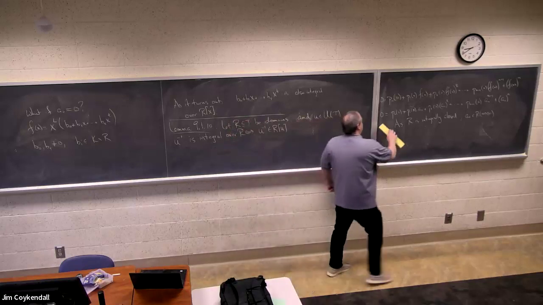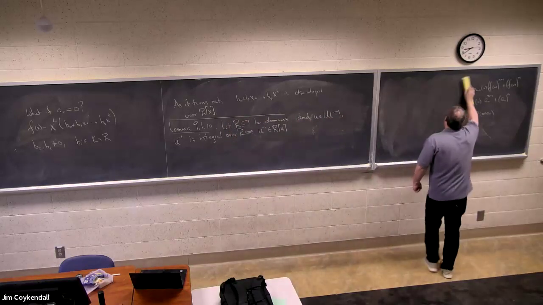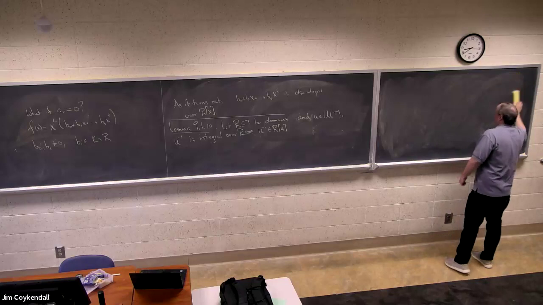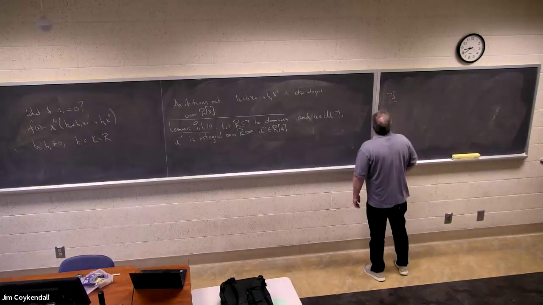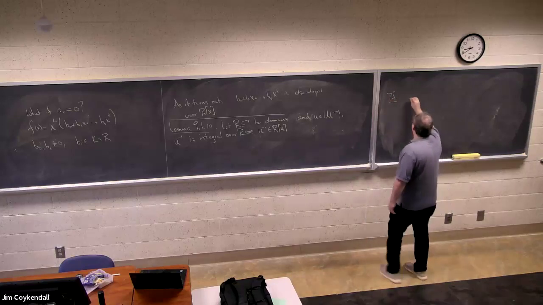And the proof of this is exactly, I think, what you think it would be. You just kind of follow your nose on it. But like I said, it's amazingly useful.